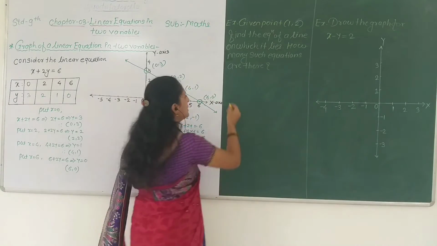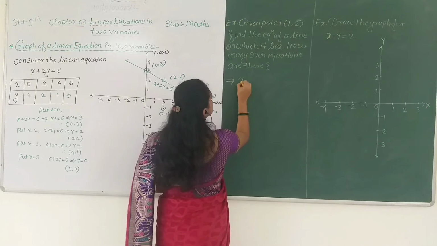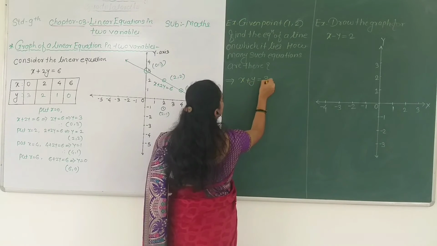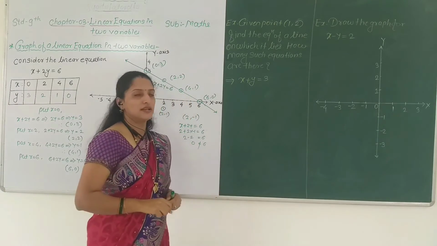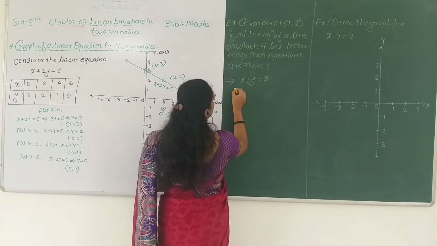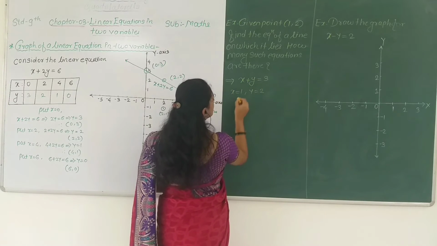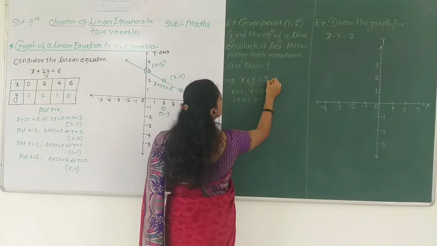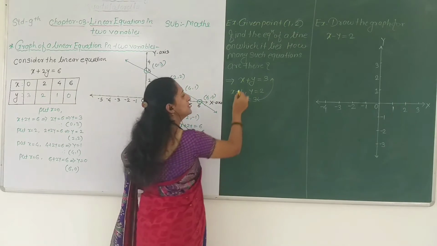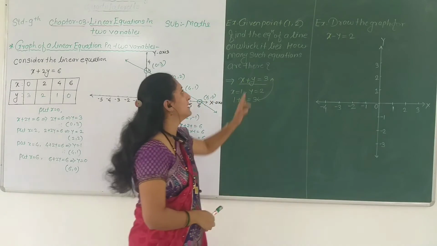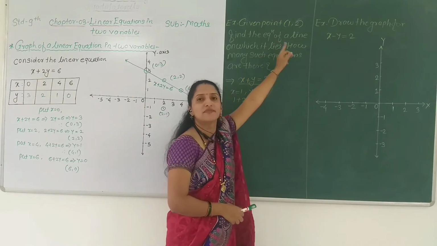Suppose I take the equation x plus y is equal to 3. Let us check if this point satisfies the equation or not. Put x is equal to 1 and y is equal to 2 in the equation. So 1 plus 2 is equal to 3, which is the RHS. That means x plus y is equal to 3 is one of the lines satisfying the coordinates 1, 2.